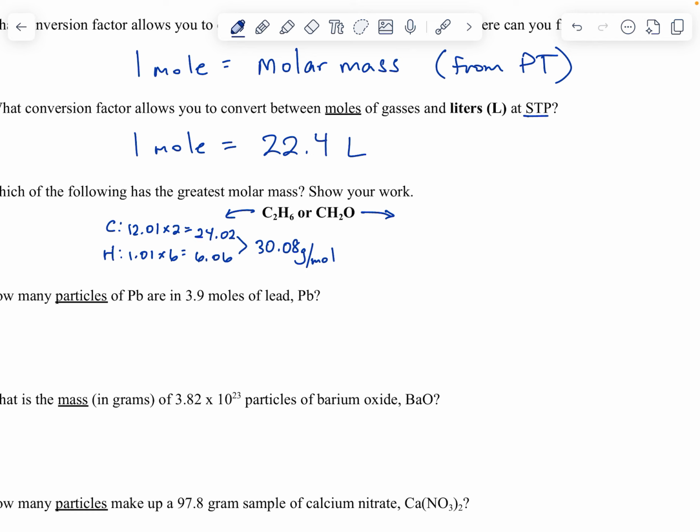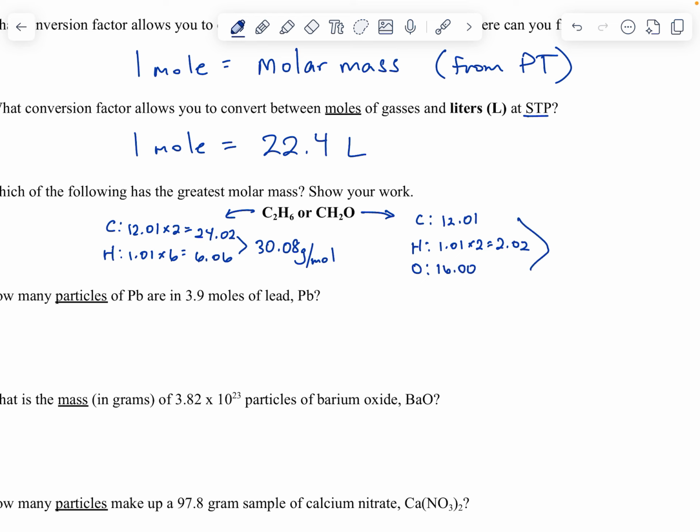And now we have to hop on this substance over here, CH2O, do the same thing, identify how much of each thing we have. We have 12. There's only one of the C's there, so we only have 1 carbon to worry about. We have 2 hydrogen, which are going to give us a mass of 2.02 for hydrogen, and then, of course, 16 for oxygen.